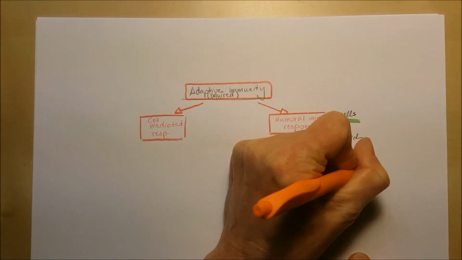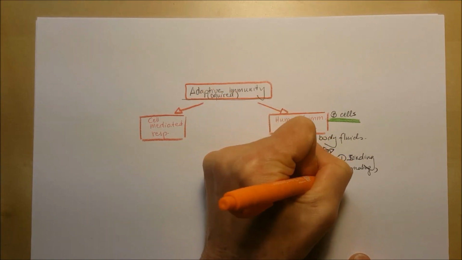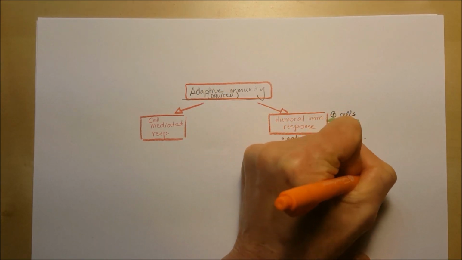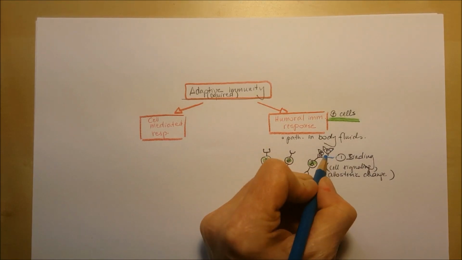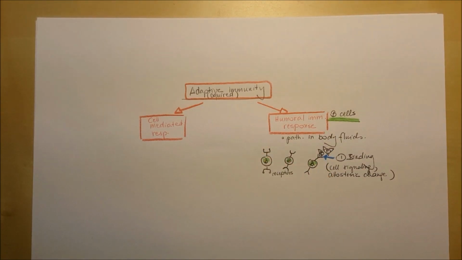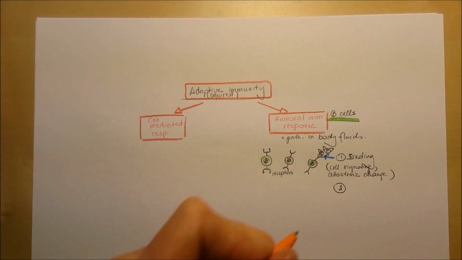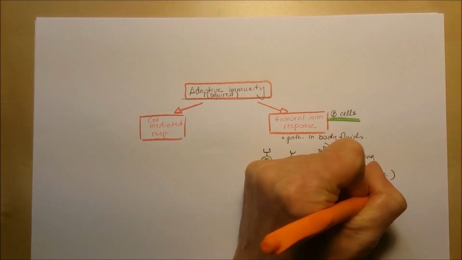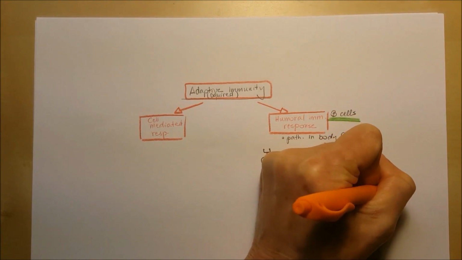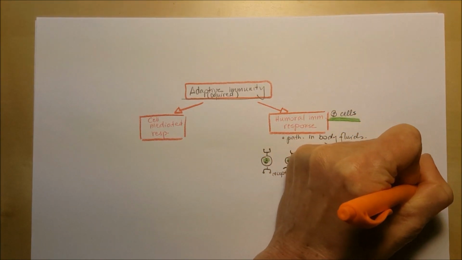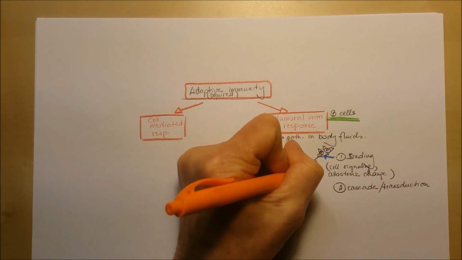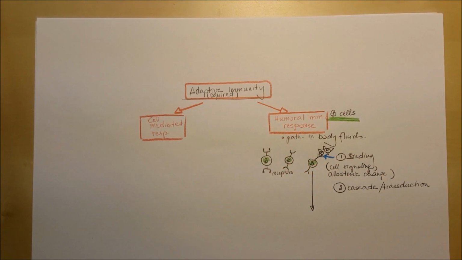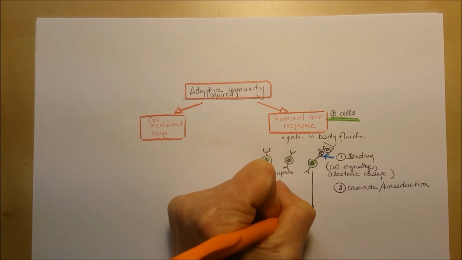This binding is going to cause an allosteric change in the receptor, and this allosteric change is going to induce a cascade mechanism, the transduction. This is cell communication, cell signaling, what we have covered before. And finally, in the cell, there is going to be a response.